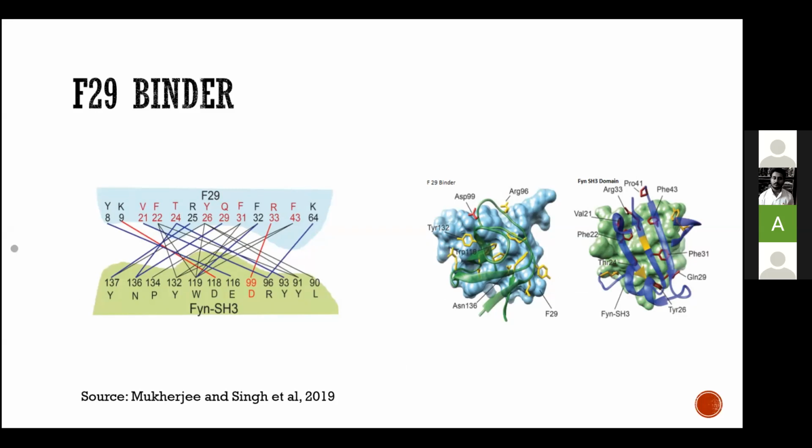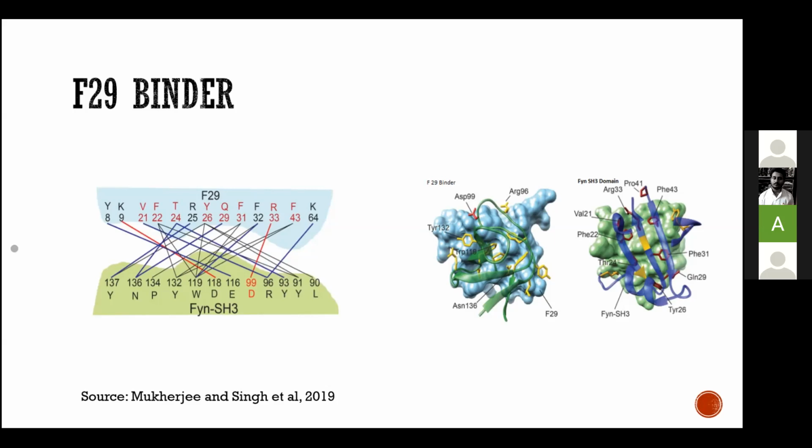So you can see in F29 there are V21, F22, tyrosine. They were interacting with multiple parts of Fyn SH3. It's not just one-to-one interaction, right? One single point on F29 was interacting with a lot of other sections of Fyn SH3.